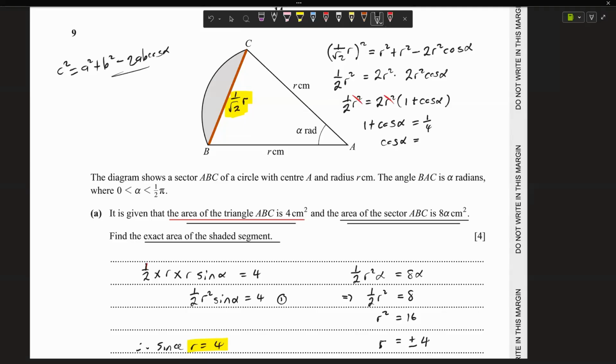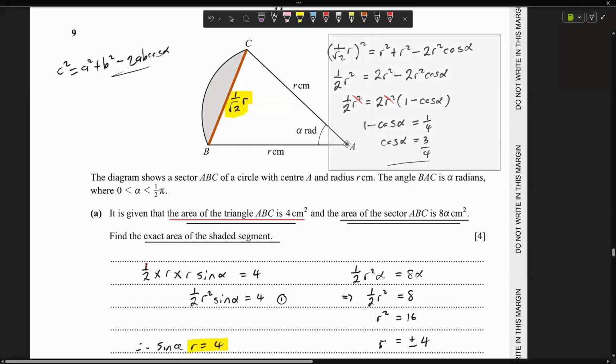So it has to be minus here, and it has to be minus here, so that everything is in order. I think this is a much better way of expressing our cosine rule. So that cosine alpha here will be 1 minus a quarter, that's 3/4. So this is what we have for cosine alpha.